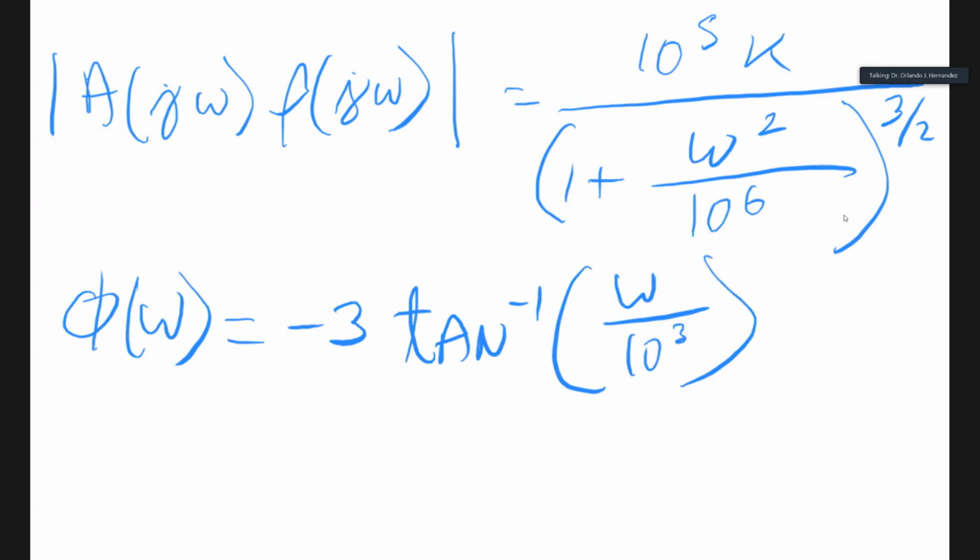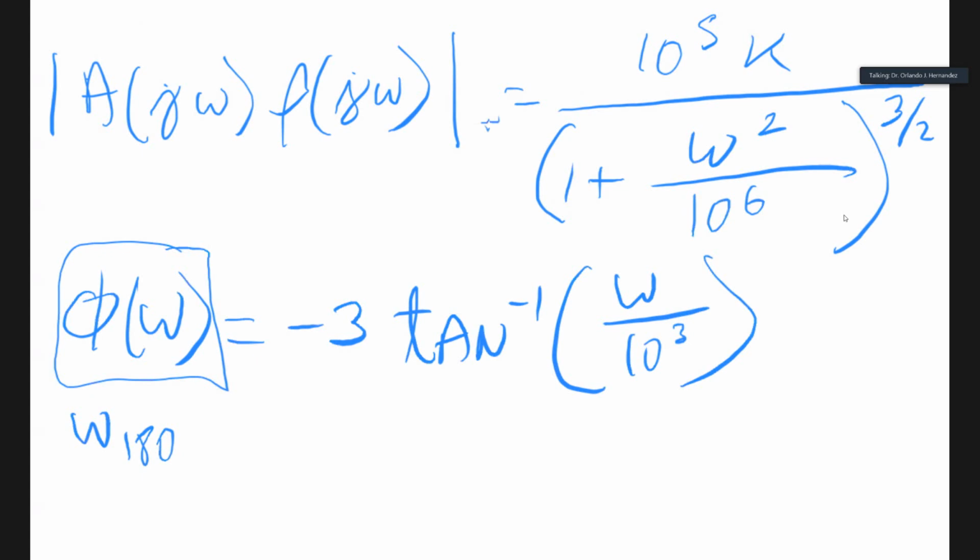So what you want to know is the frequency, first the value of k about which the closed loop amplifier becomes unstable. So the first thing that you need to do is find the omega 180. Okay, what is the omega when this becomes 180 here?